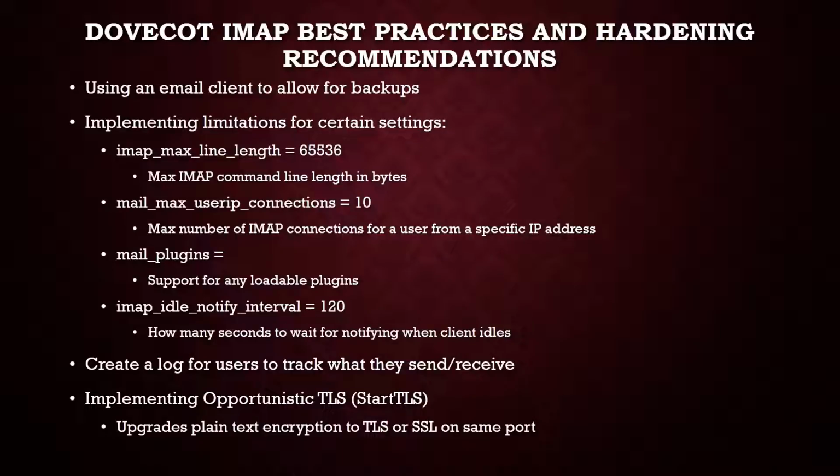It upgrades them to an encrypted TLS or SSL connection instead of using a separate port for an encrypted connection. It's usually a countermeasure to passive monitoring. The IMAP port is 143, and it changes to the IMAPS port, which is 993.